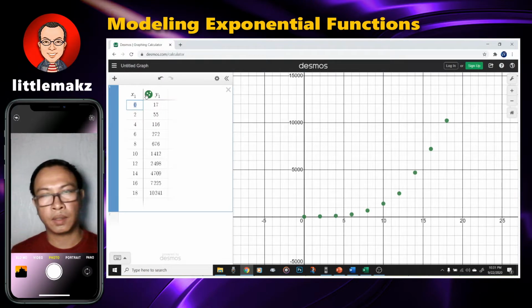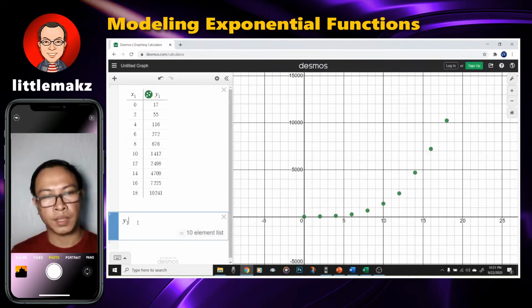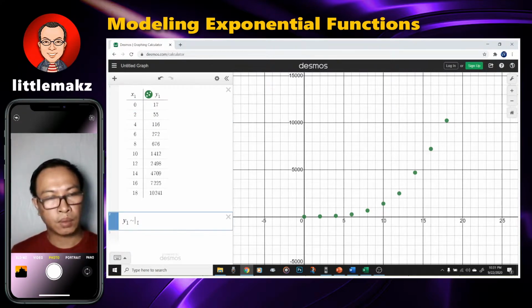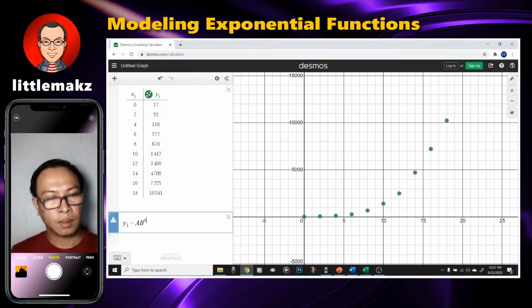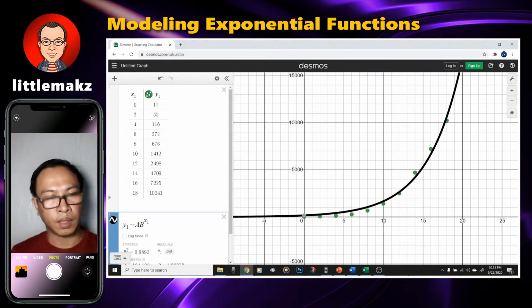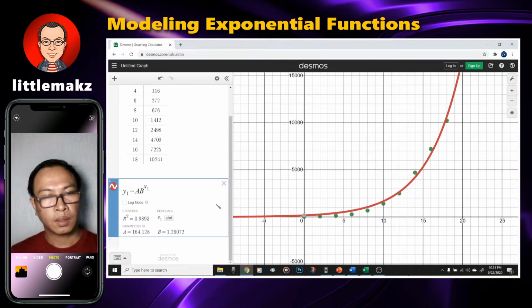And as you see, these are the points that represent the different ordered pairs in that case. We now type our function. We say y sub 1 is approximately A times b raised to the x sub 1, and that's it. Then I change the color to red, and you'll be able to see the trend line there.